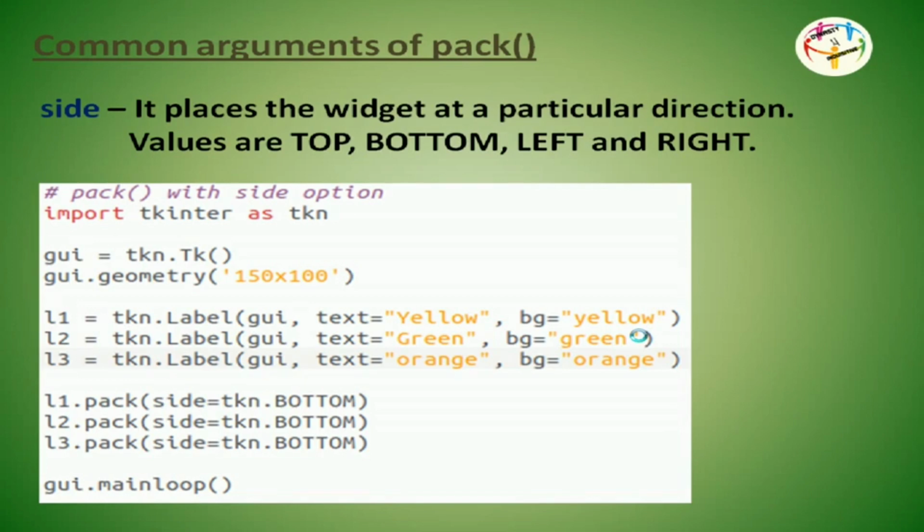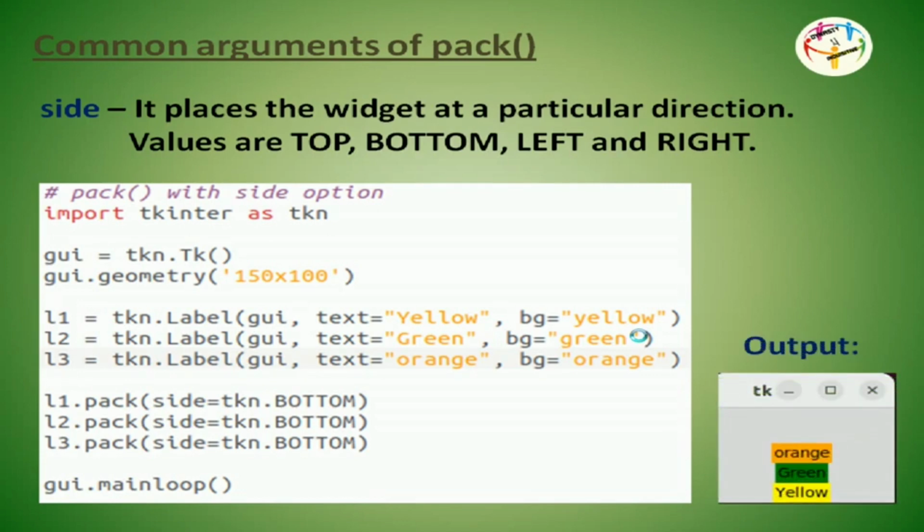Similarly, L2.pack side equal to bottom and L3.pack side equal to bottom. So it arranges all these labels from bottom to top. Means first the yellow label will be placed, then the green label, and after that the orange label will be placed.